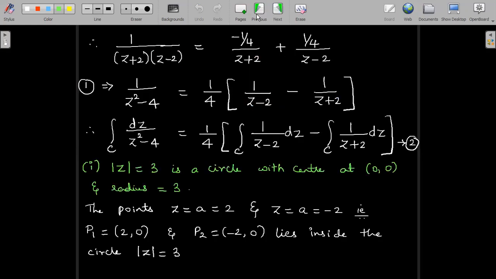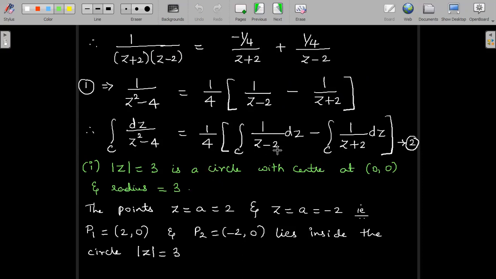Another simple technique to understand: we had 3 as the radius and the points were 2 and -2. So 2 and -2 both are values less than the radius 3. Whenever we have numerical real values like this, we can easily compare and directly say that the points lie inside the given circle.